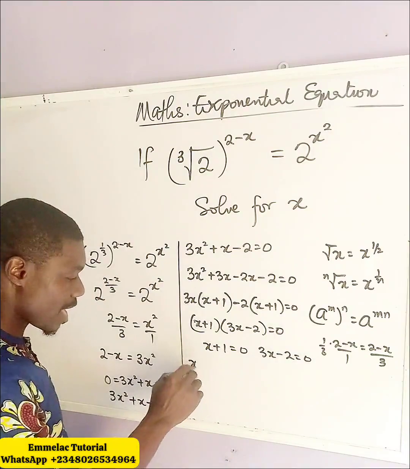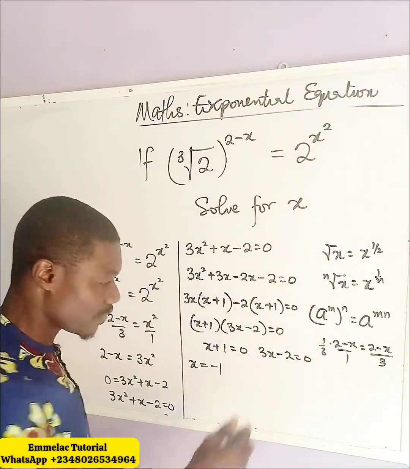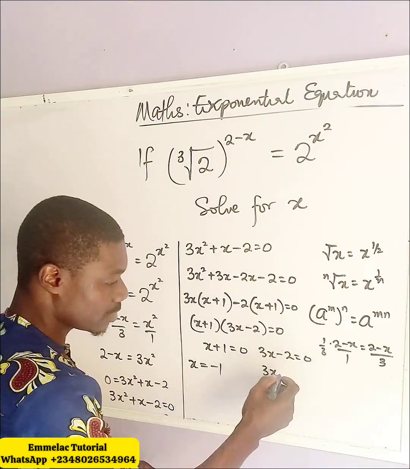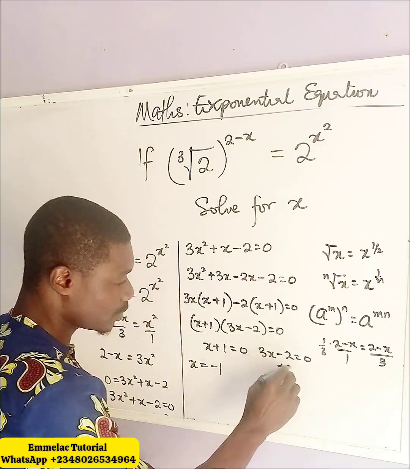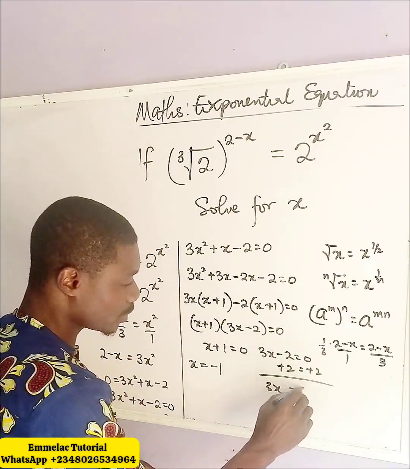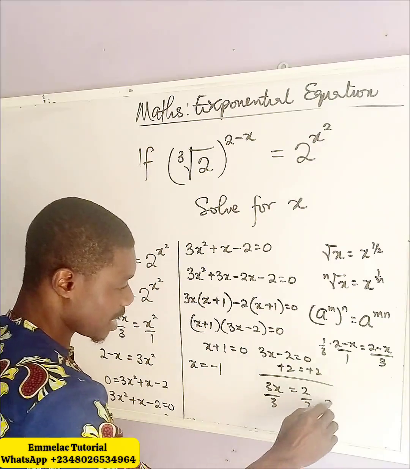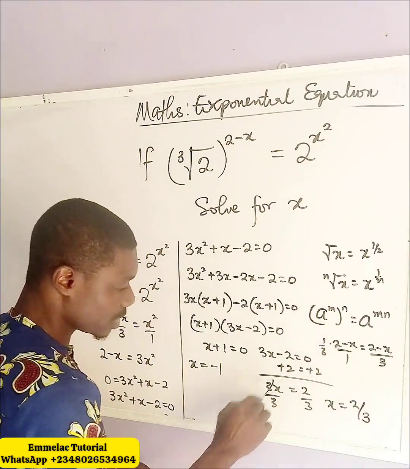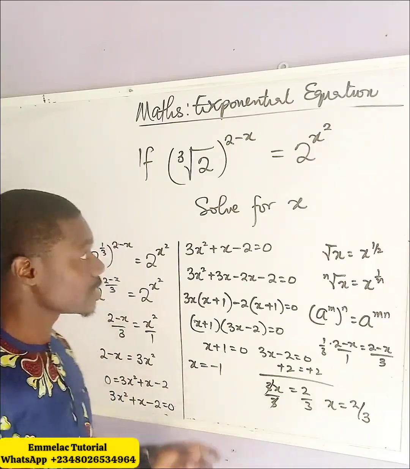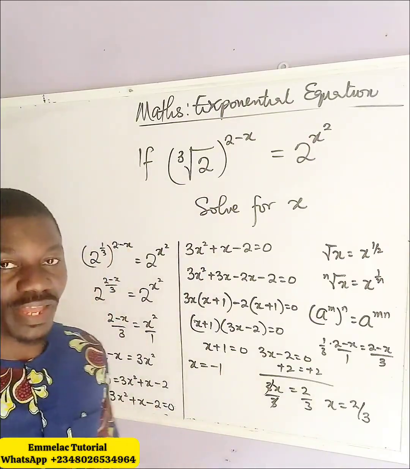From here, x equals negative 1. For the other, add 2 to both sides: 3x equals 2, then dividing both sides by 3, x equals 2 over 3, because 3 cancels 3. So the two solutions for x that satisfy this equation are negative 1 and 2 over 3.